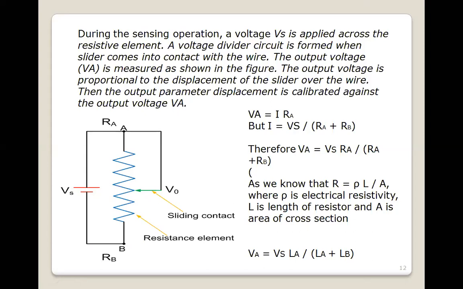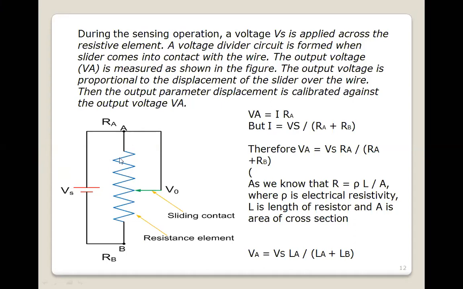That means if there is a change in the displacement, the slider of the potentiometer will change from one point to another. What is the voltage from the A terminal? It is I into RA, and what is the total voltage?